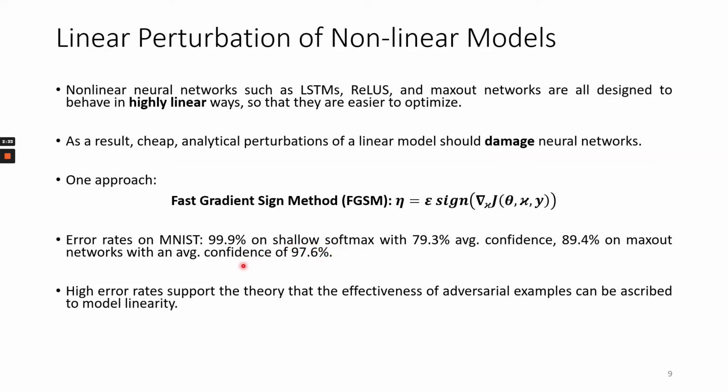So this shows that the models are very confident in misclassifying these images, and almost all the images are misclassified. These high error rates support the fact that adversarial examples are linked to model linearity. So if the models are linear, the adversarial examples are more likely to affect them.